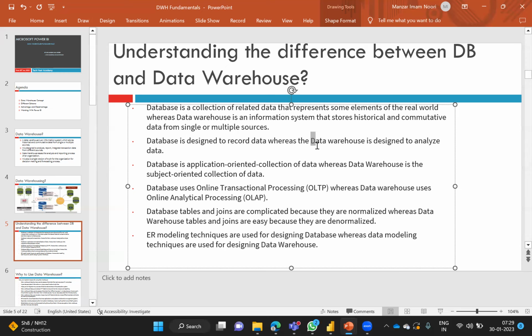Here the data is stored to analyze it. Here you are just keeping the data, recording the data. While you are recording the data, you don't need to integrate all the data. You don't need to show everything. You are just creating tables in normalized form.